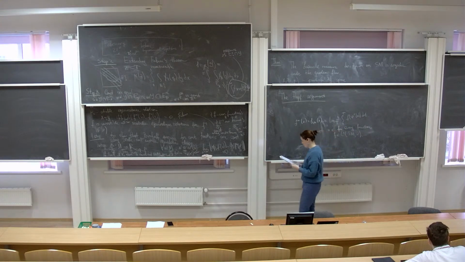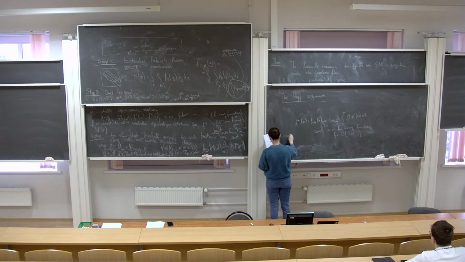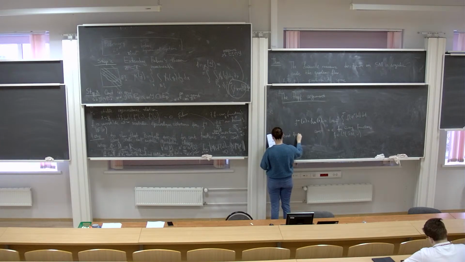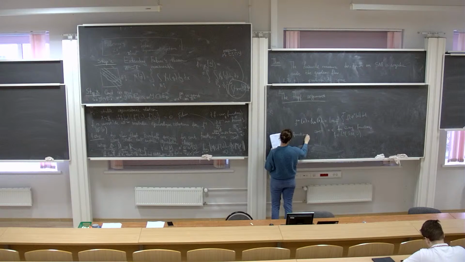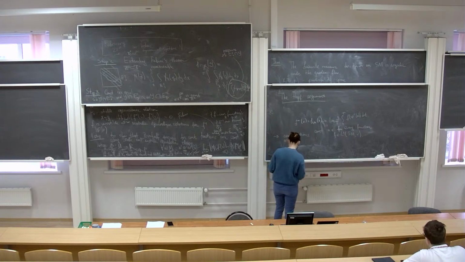It is sufficient to check it only for continuous functions, as we discussed, because they are dense in L1. We even can add the requirement that we have a compact support.